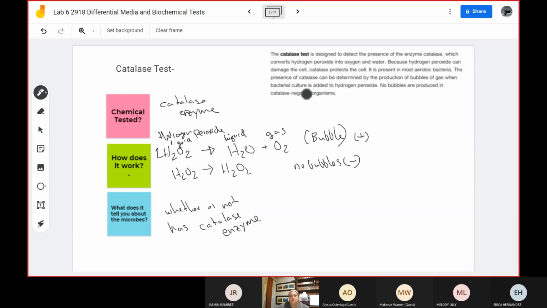These little paragraphs up here, I think that I copied from the simulation. So you're going to be talking about this in the simulation, but I'll also put up here as we go through these some of the slides from a series of slides that James is presenting for you guys. So these are the things you have to remember about the catalase test. It's looking for that catalase enzyme. This is what it is if it's positive or negative, and what does that tell us about the bacteria.